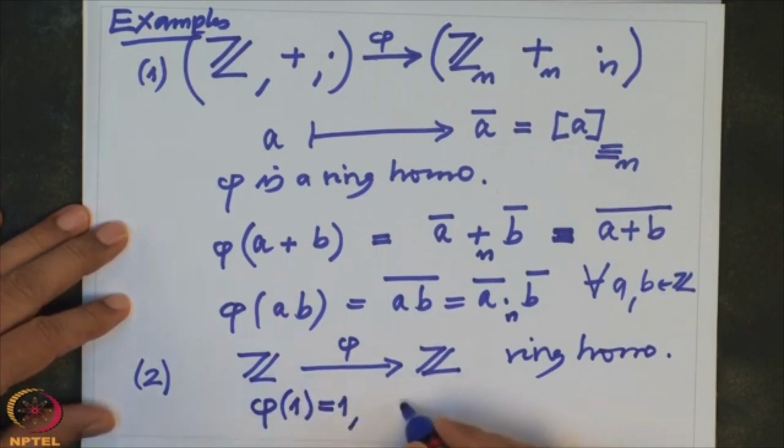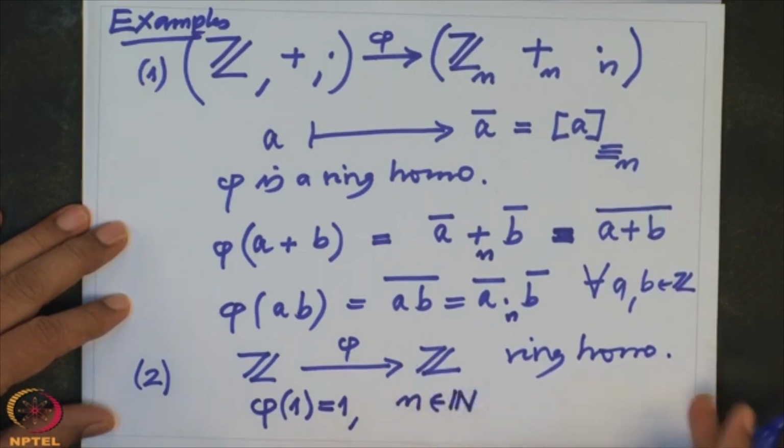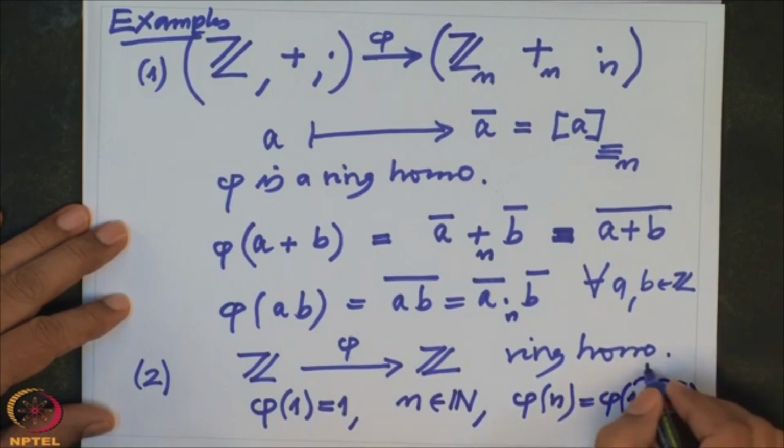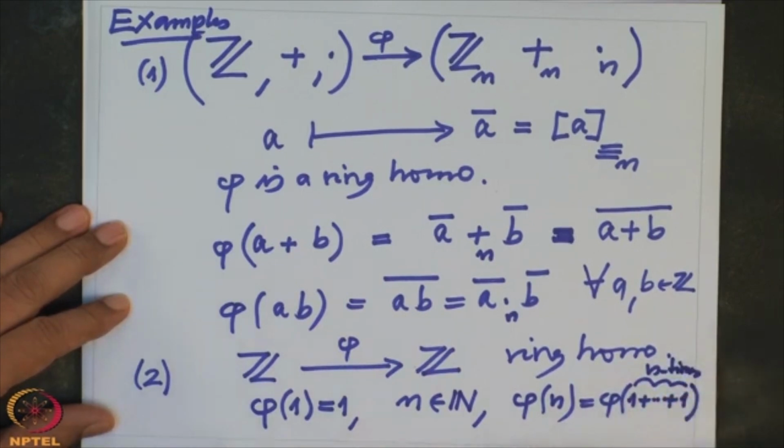Moreover, if I take any integer n, if n is positive, a natural number, then phi n is phi of 1 plus 1 plus 1 plus 1, n times, and when I apply the condition that it respects the addition, this will be phi 1 plus phi 1 and so on, n times.